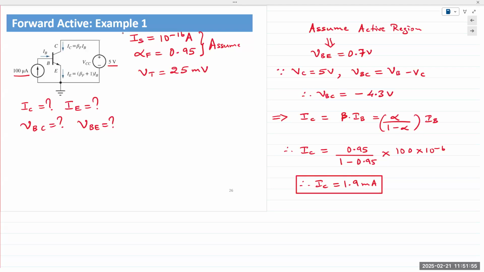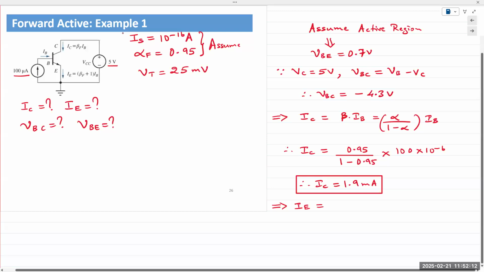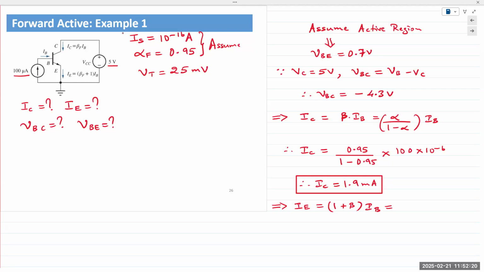Once you have IC, find IE. It's about 2 milliamps. Sure, there's a different way, but obviously IE is simply the sum of IB and IC.